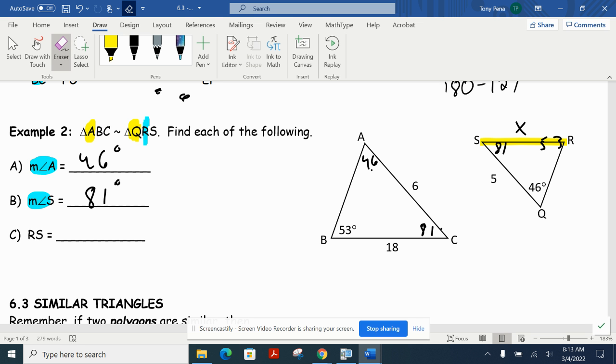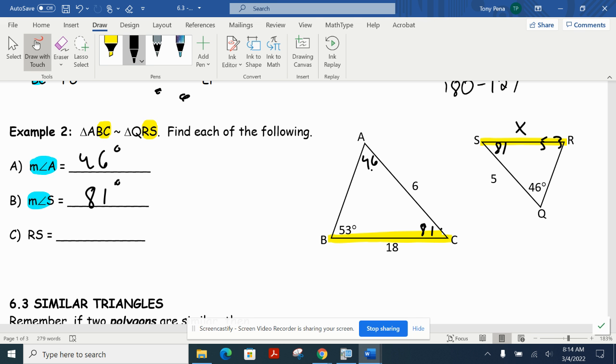I would just want to understand RS is the second and the third letter listed in that second statement. So that would mean BC, the second and the third letter listed in the first statement, would have to be its corresponding side. So BC is right here. Okay, so the X and the 18 go together.